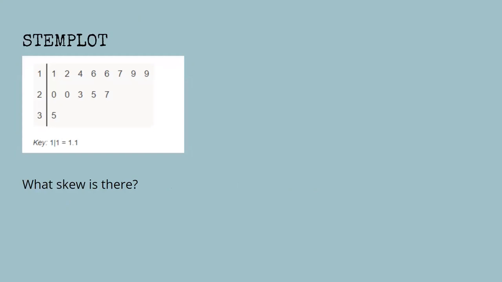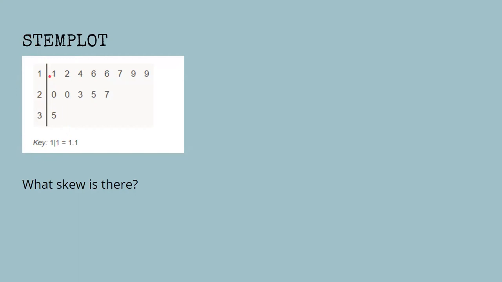Then there's also a stem plot. This is something where, if you see all the different data here, it tells you 1 | 1 equals 1.1. So that means the data is 1.1, 1.2, 1.4, 1.6, 1.6, 1.7, 1.9, 1.9, and you can see how it's going there. What skew is there?